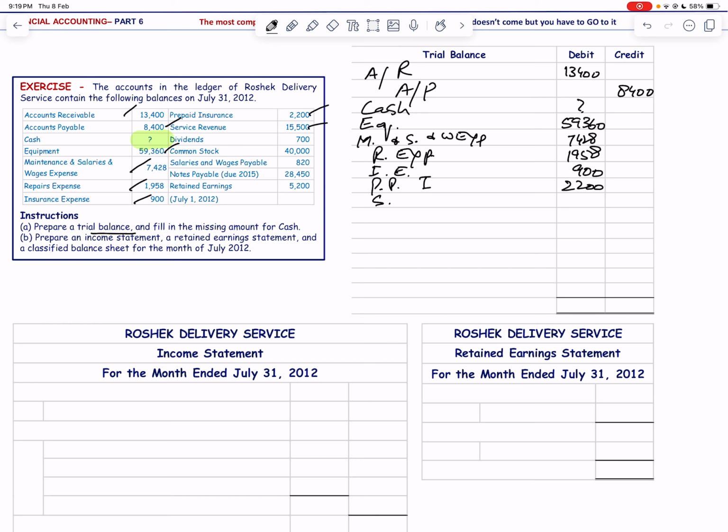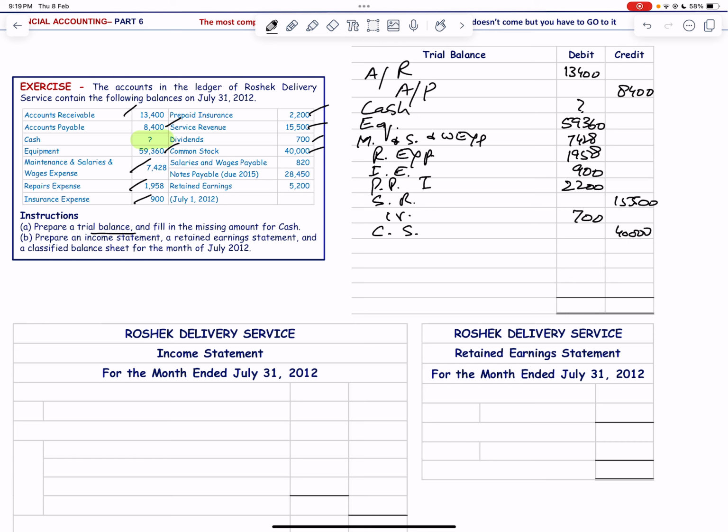Service revenue will always have a credit balance. Dividend will have a debit balance of 700. Common stock is how much is common stock? Common stock is 40,000.